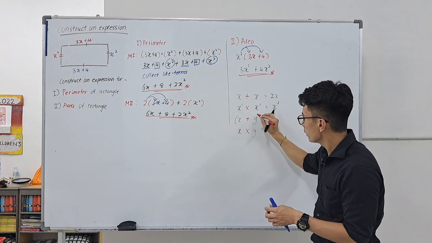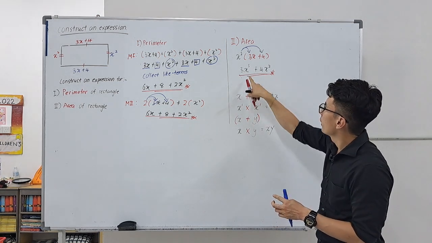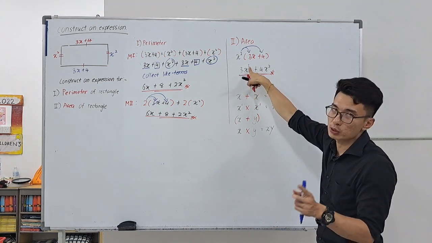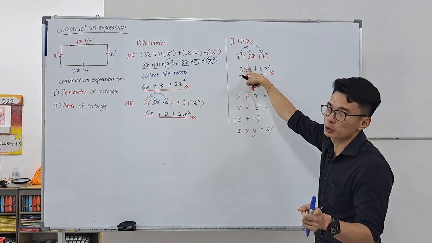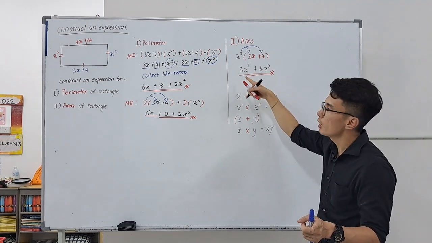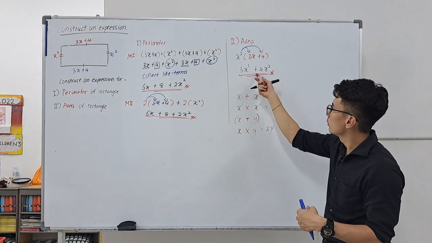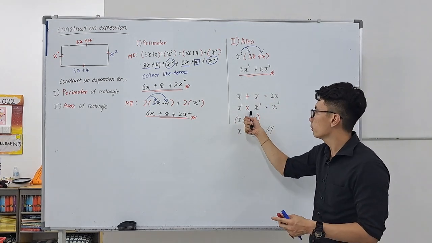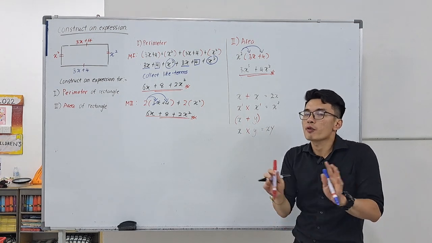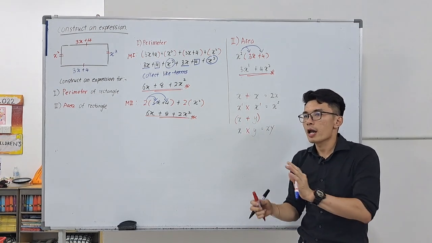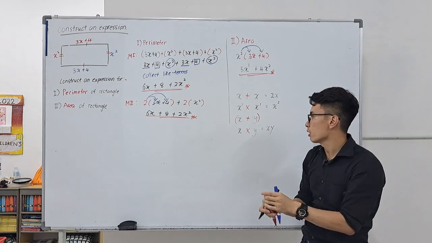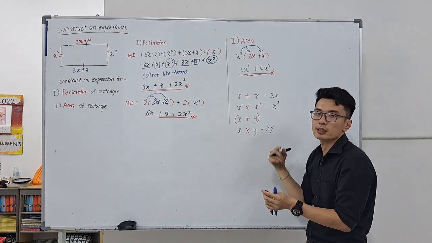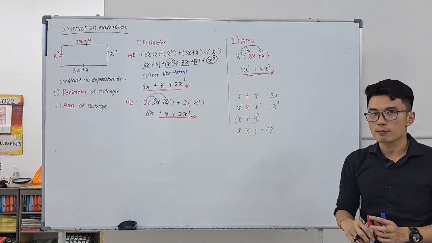So this is already the answer. x to the power of 3 does not belong to the same family as x squared, so that's why you can't add them. This is the answer already. However, when you are multiplying, it doesn't matter which family you are from. Everything just sticks in. Even if you're from a different family, it just sticks in. So basically that's what it means.